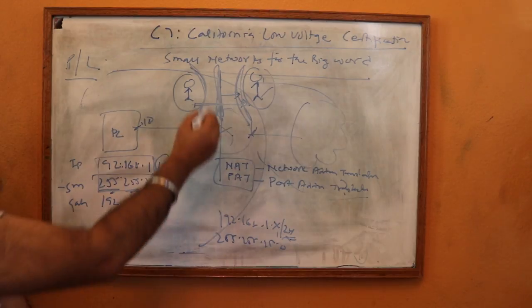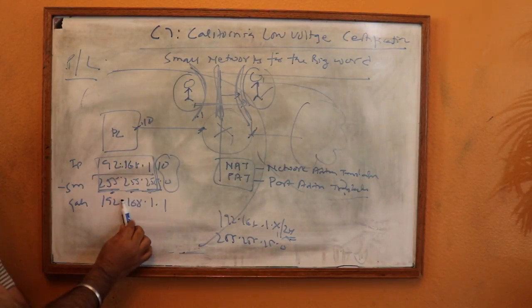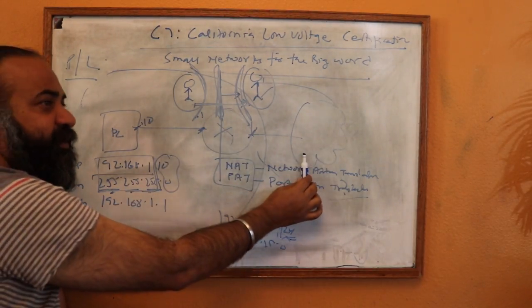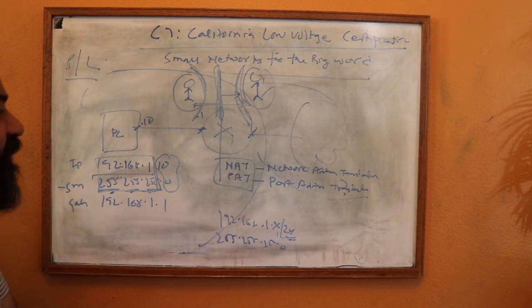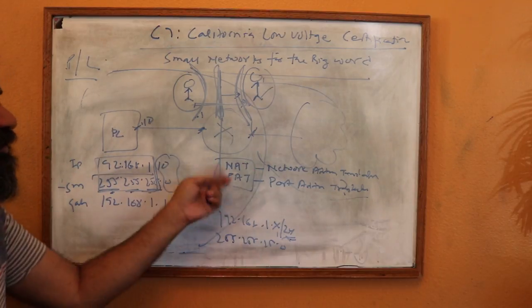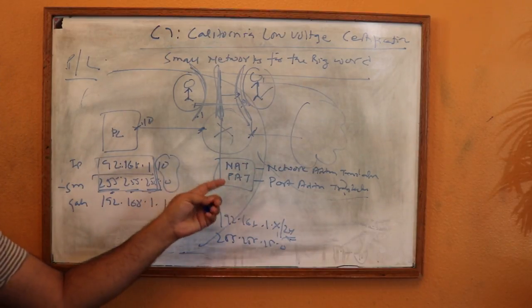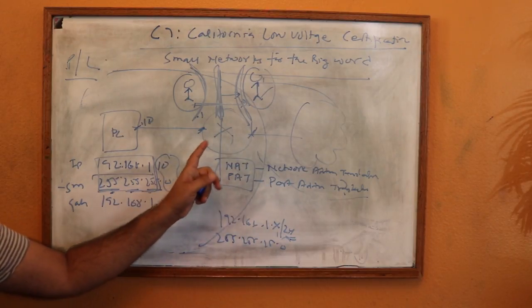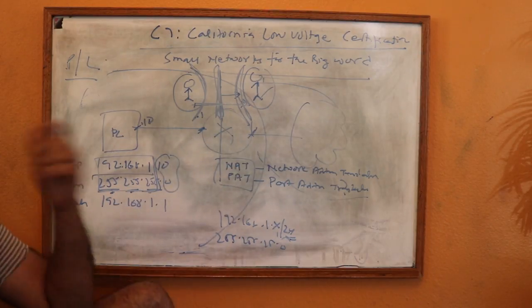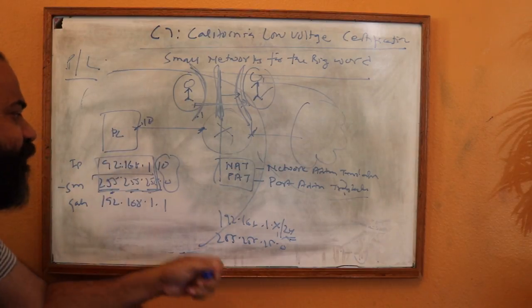So you will shed the private address space here and pick up a public IP address space and then go to the mall, or go to the internet. And this translation, this dress changing, happens using network address translation or port address translation.